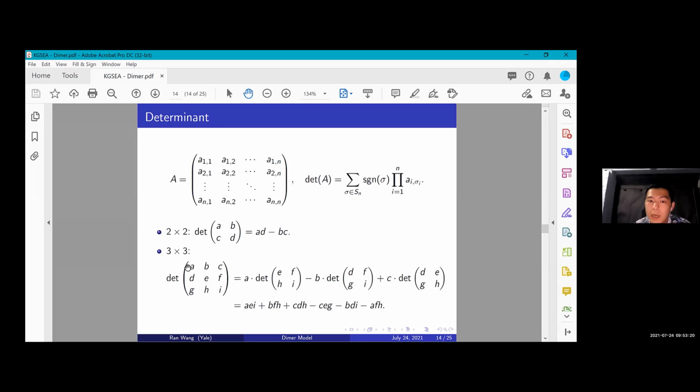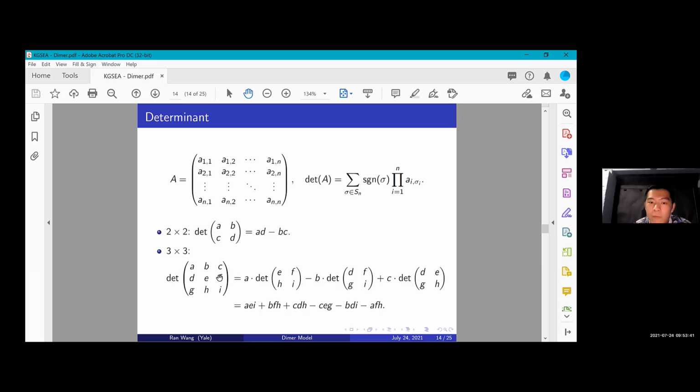It's A times E times I. There's an easy way to remember it. First, you do all the plus terms going in this direction, to the bottom right. A, E, I, this is the first term.